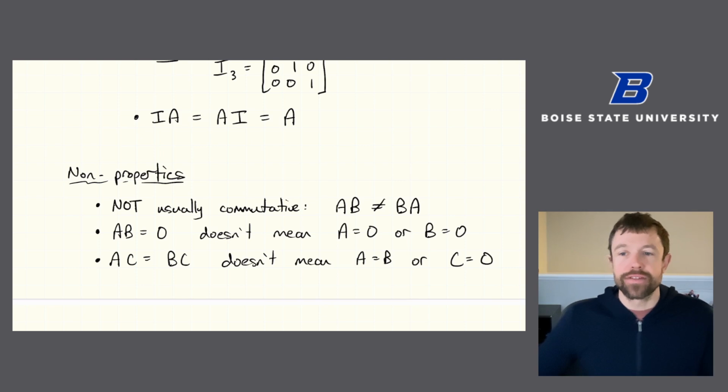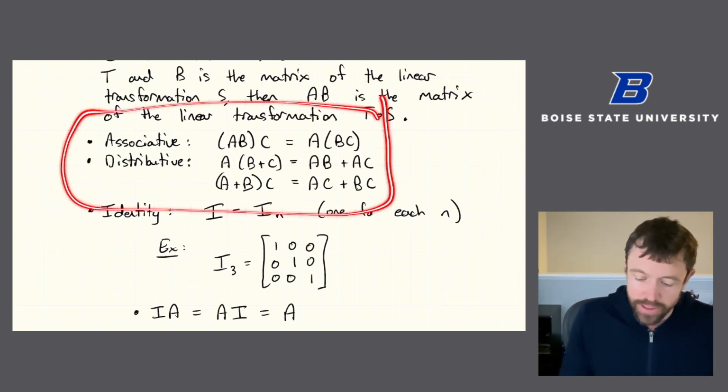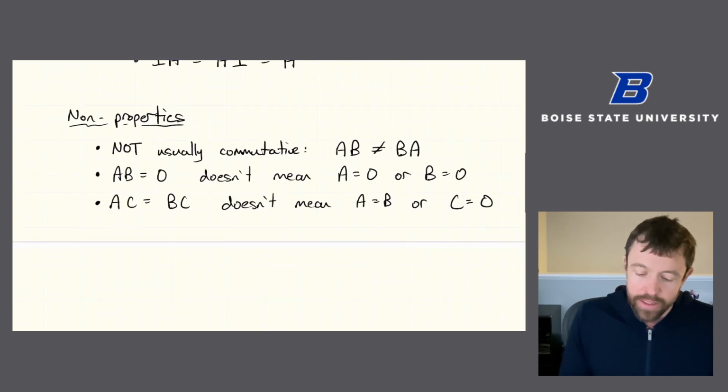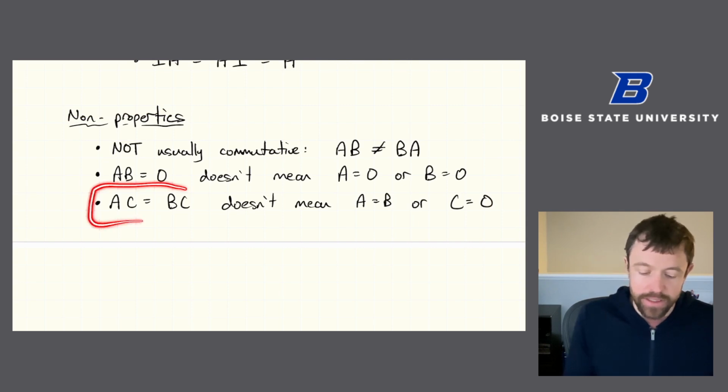Hopefully these non-properties lead you to think twice anytime you try to apply a property that you know to be true of, let's say, the real numbers to matrices. You should always be skeptical that what you know about the real numbers translates to matrices, because whereas a lot of things do, like associativity and distributivity, a lot of things don't, like commutativity and this kind of cancellation property.